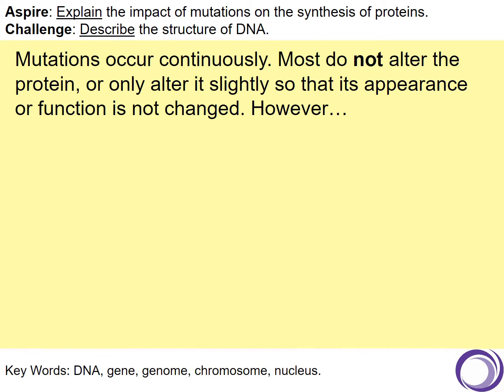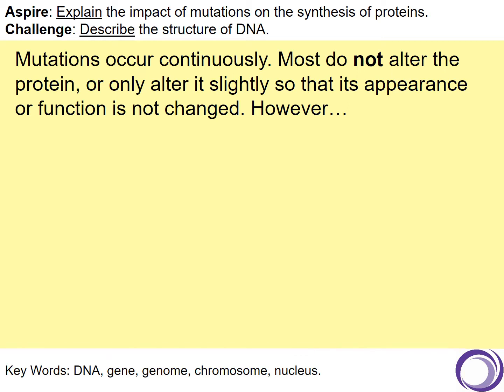Okay, moving on for a second then, and thinking about mutations. Mutations occur continuously, and a mutation is just a mistake in the way a protein is made. Something isn't quite done correctly or a mistake is made.